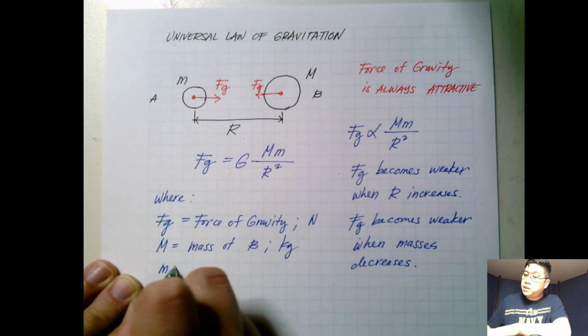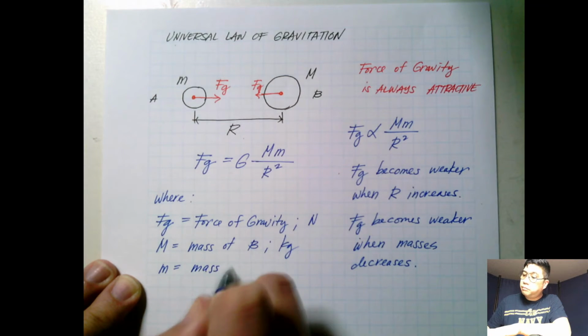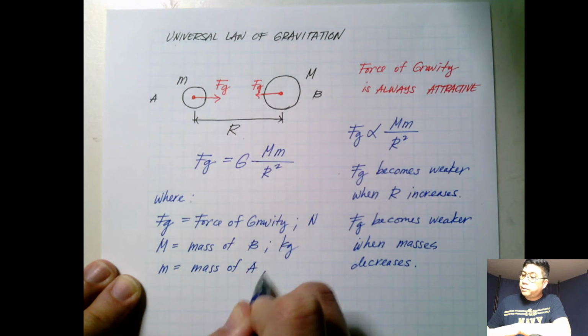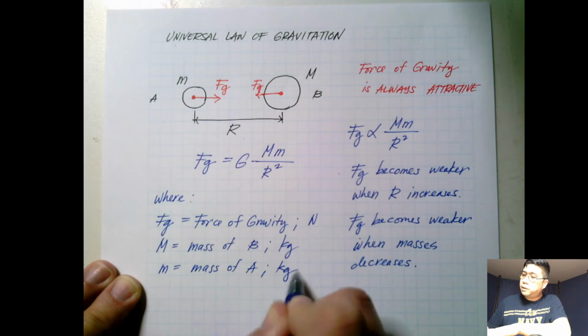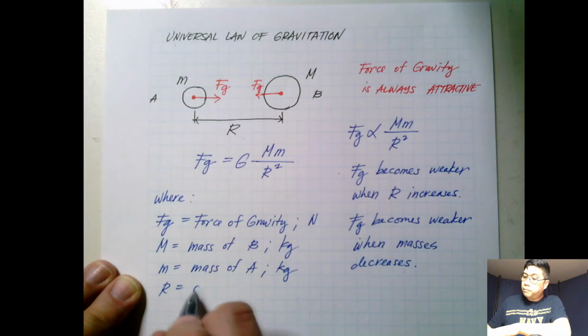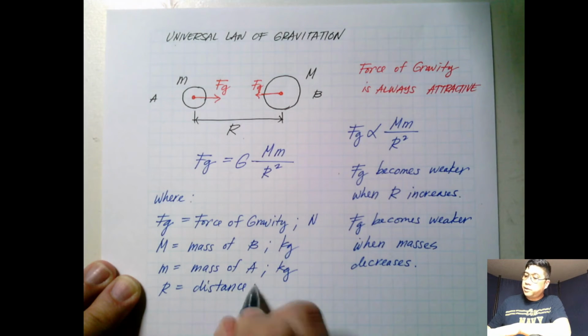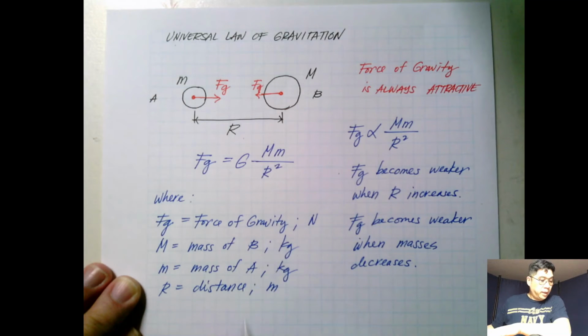Lowercase m is the mass of A, the smaller object, also in kilograms. r is the distance between them, measured in meters.